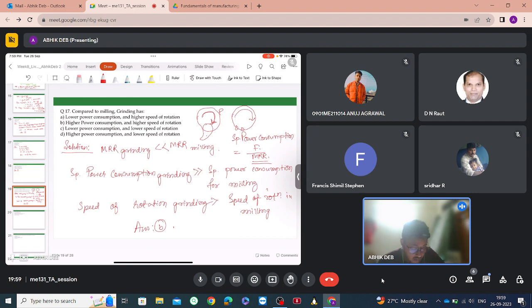Now for this one, the material removal will occur at a higher depth, and for this one the material removal will occur at a lower depth of cut.